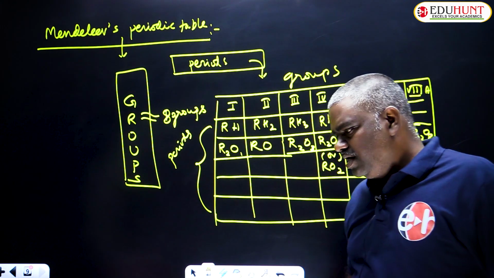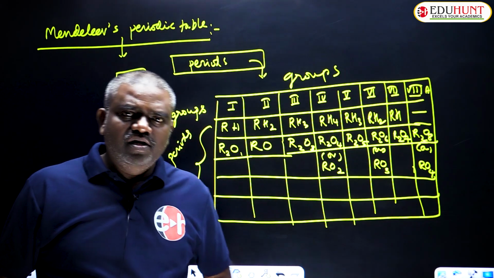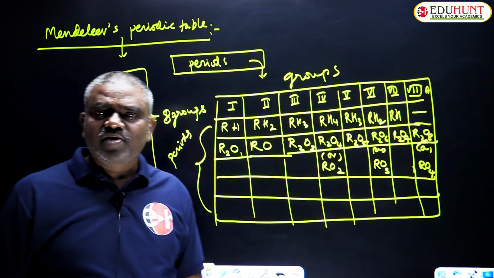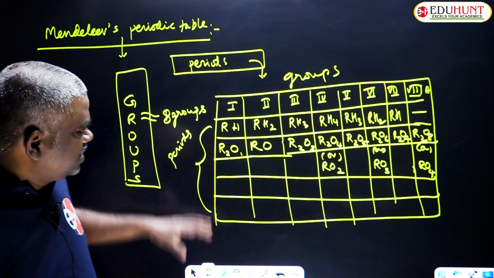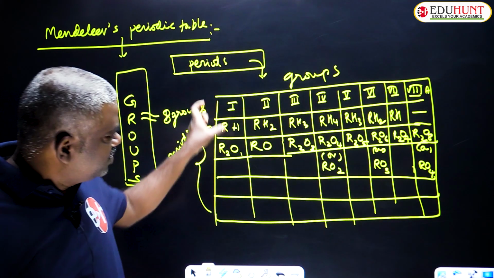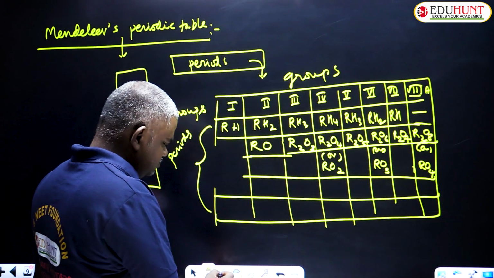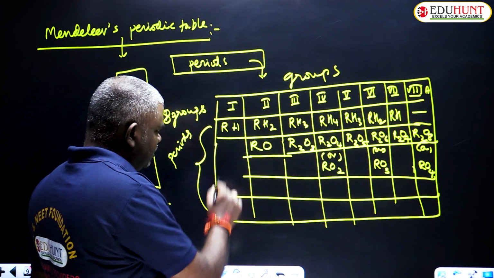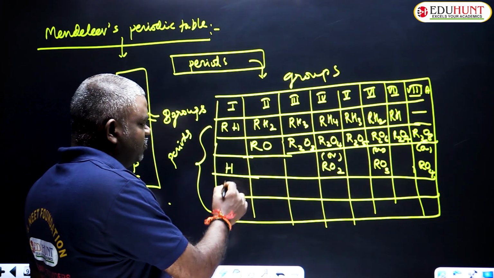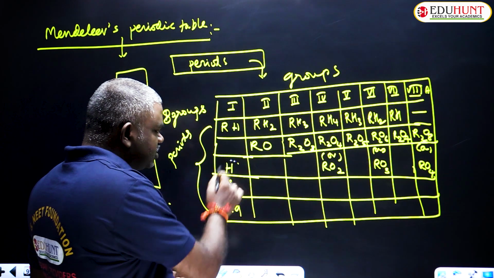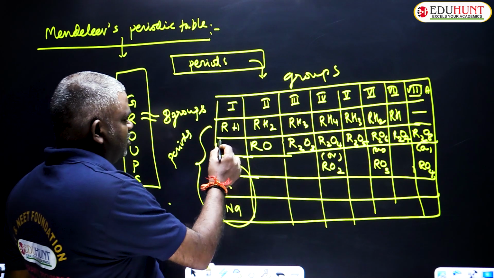Generally Mandeleev's periodic table was constructed based on the atomic weights of elements and also the chemical reactivity of elements with oxygen and hydrogen. Based on those characteristics, the elements are arranged. Like hydrogen here in the first period, hydrogen, lithium and sodium are present, and all exhibit similar characters; all form R2O compounds.